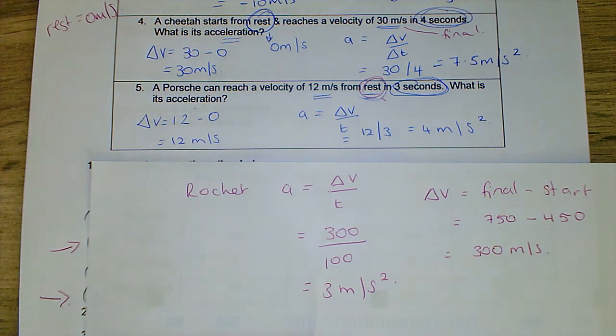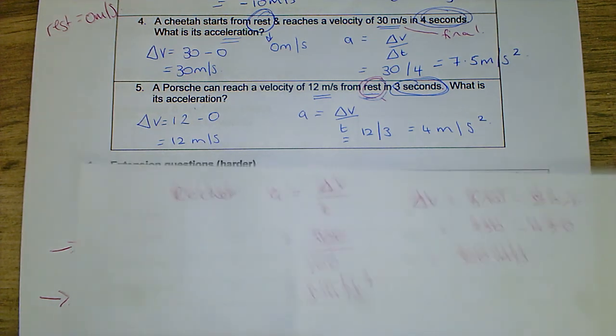The aeroplane, was it? Yeah. The aeroplane was slightly different, and there are 2 ways that you can do it that I'm going to show you now. Sorry, I've just got this on another piece of paper for you.